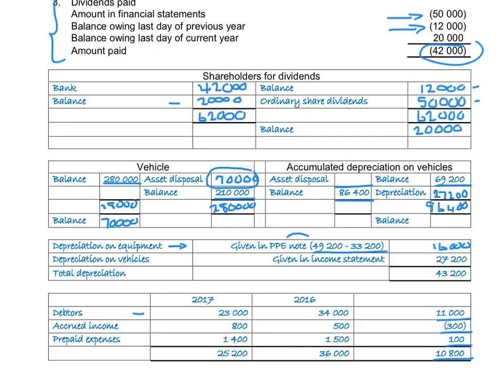So it means the balancing figure is the accumulated depreciation that must be taken to the asset disposal account. And that means that the cost price of the asset that was sold was 17,000. The accumulated depreciation was 10,000. So the inflow of money as a result of the vehicle sold will be 60,000 Rand.